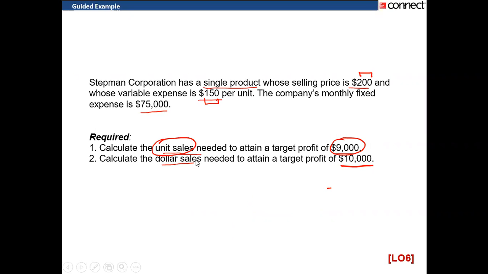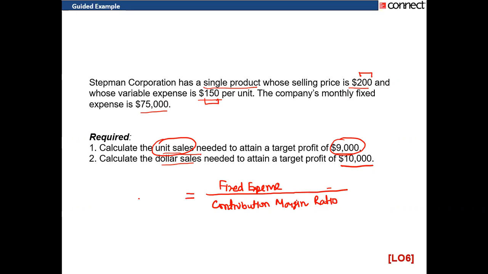You probably can recall that we wrote this kind of formula: if we have a fixed expense here and contribution margin ratio here, we can find the break-even sales in dollars.